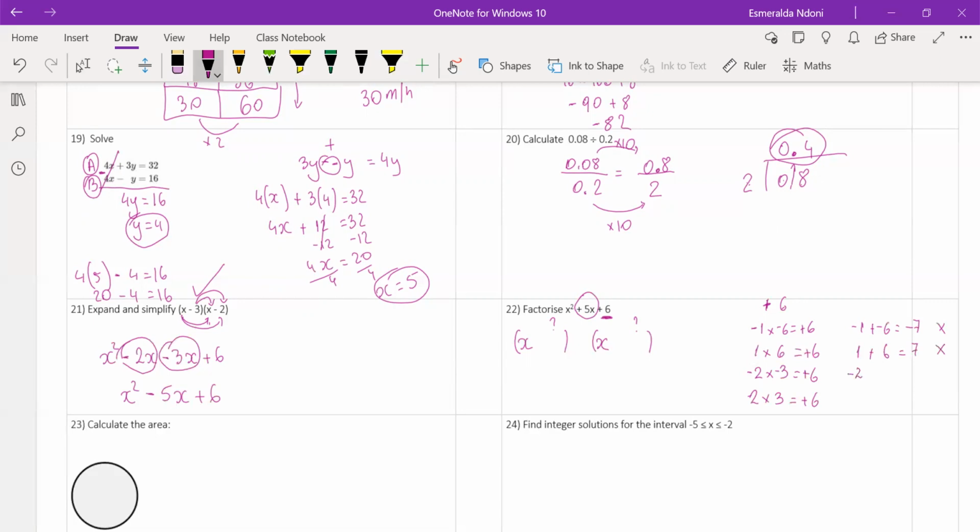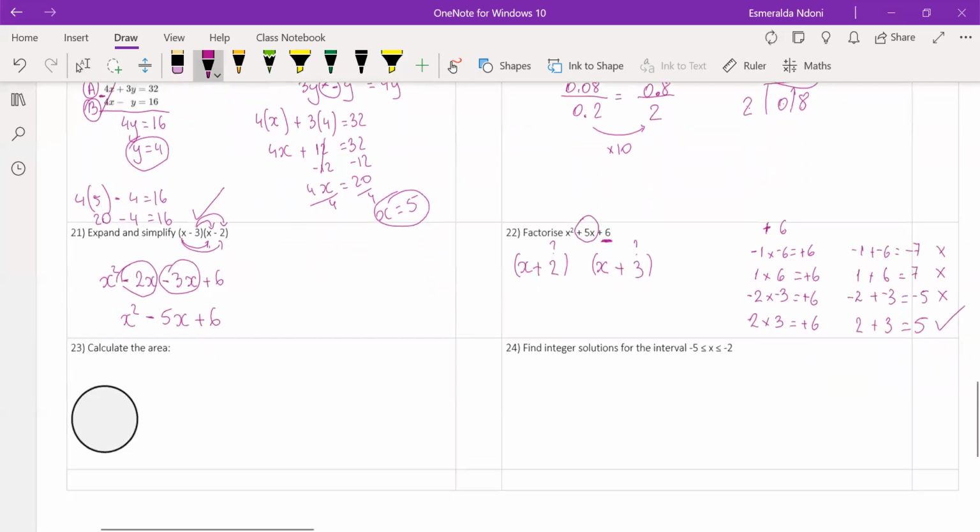I have negative 2 added to negative 3, that gives me a negative 5, still not good. So 2 add 3, that gives me a positive 5. So this is the pair that I need. They're positives, so all I do is put those numbers there.